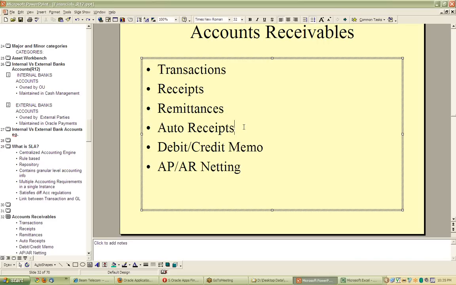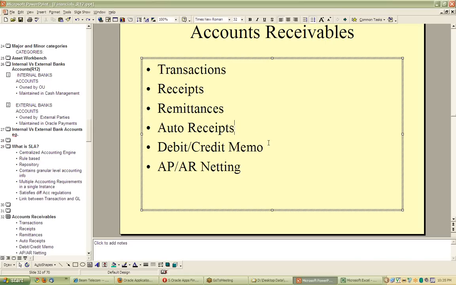Auto receipts? Is it like it generates it? I'm not familiar with this. What auto receipt means is, nowadays no one really uses check or cash for making payment. Everyone uses credit card and bank account transfers, right? So we have a facility called auto receipts, automatic receipts, which collect the money using credit card and bank account transfer.